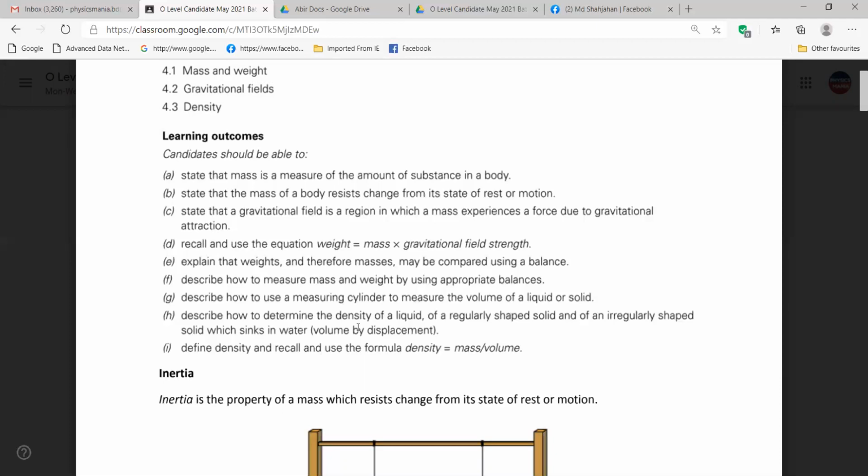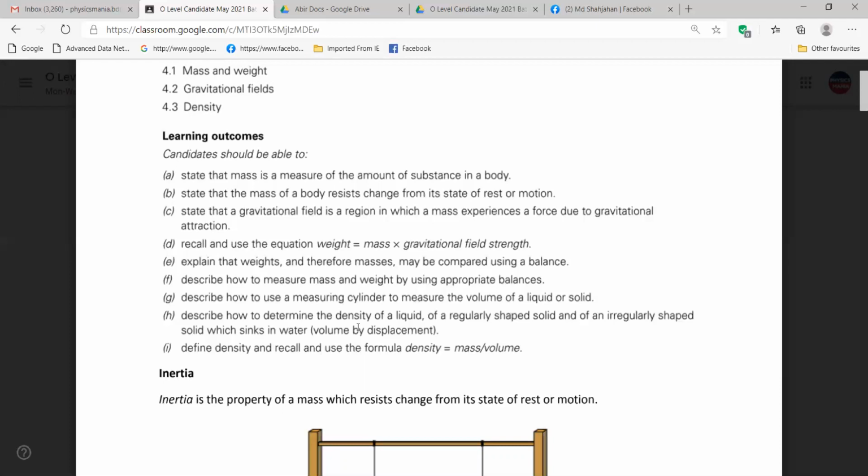The measuring cylinder we can use to measure the volume of a solid irregularly shaped object, and for liquids we always use the measuring cylinder to measure the volume.